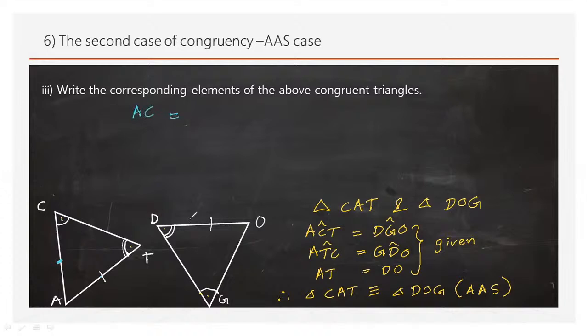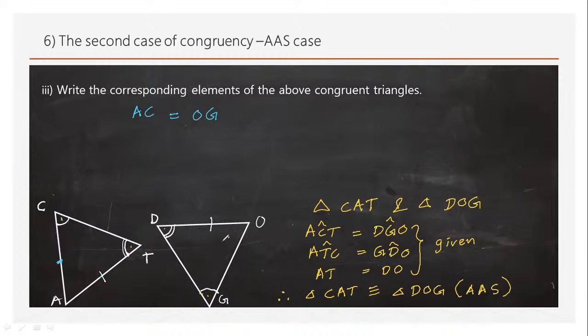The corresponding element for AC is OG. Corresponding element for AT is DO. AT, DO; AC, OG. Correct.